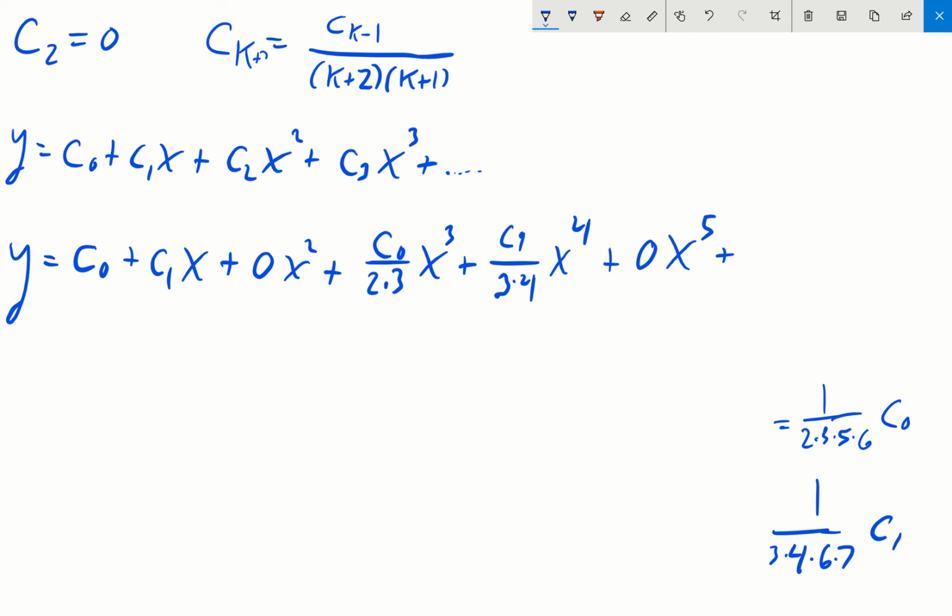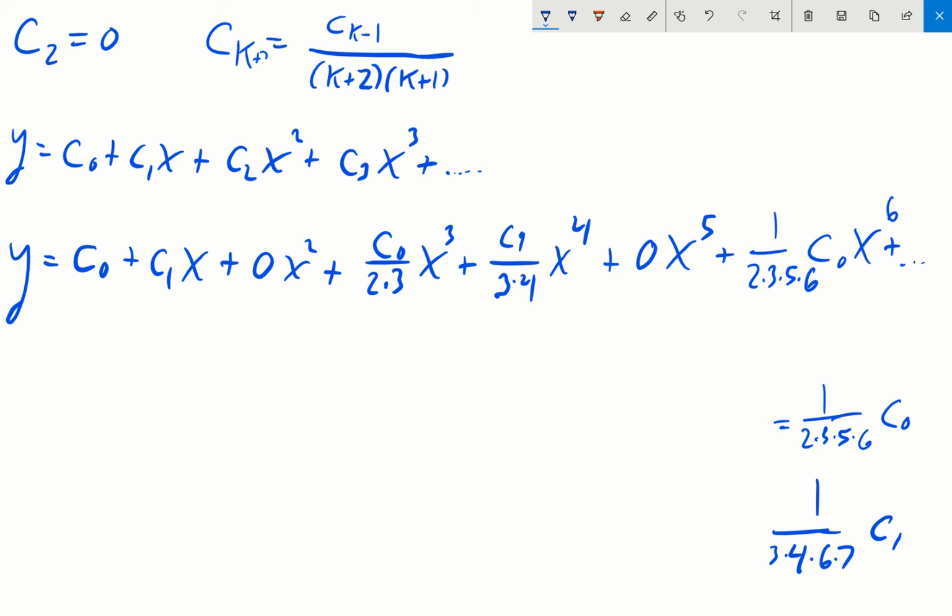Our C6 term is this thing right here. It's 1 over 2 times 3 times 5 times 6 C0 times x to the 6th plus dot dot dot. So this is what we get for our power series solution.